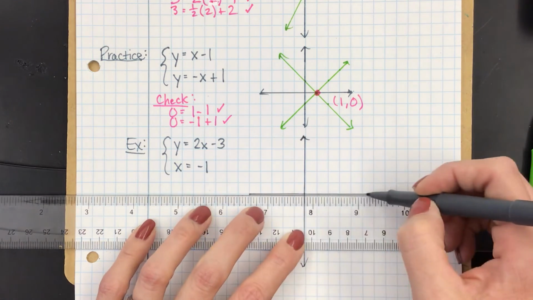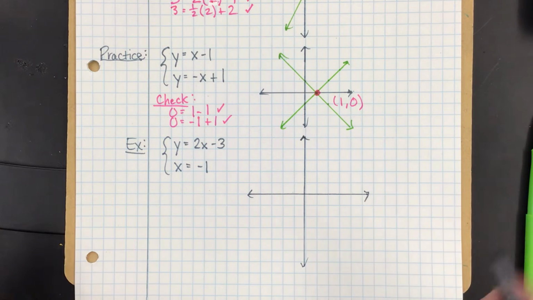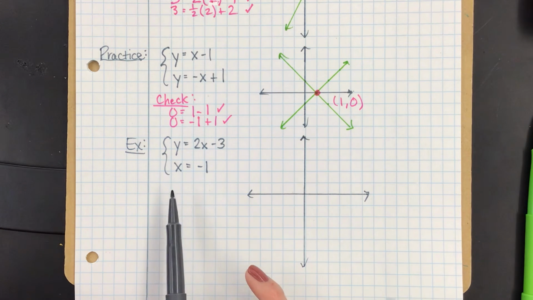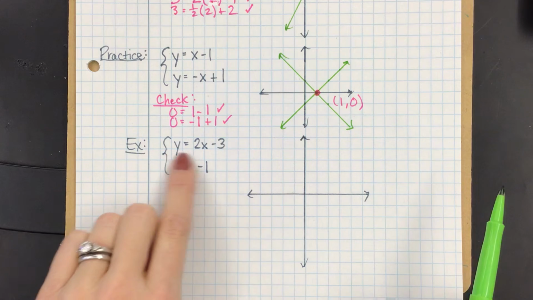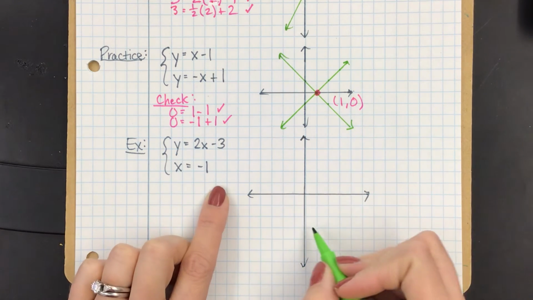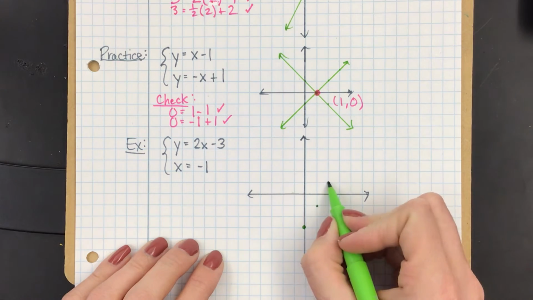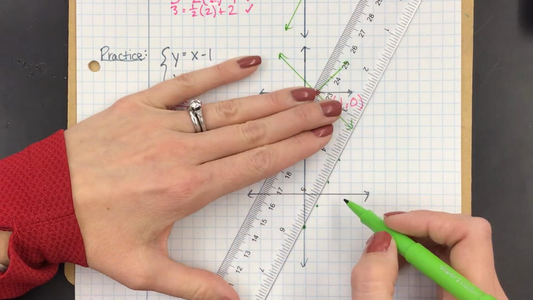I know from earlier today that my coordinate plane is going to need to be a little big, so I made it a little bit bigger than usual. A lot of times you're going to see equations that are special lines, so let's refresh our memory on graphing those. First, we'll do this one. Our y-intercept is negative 3. Our slope is 2. Get that line going.